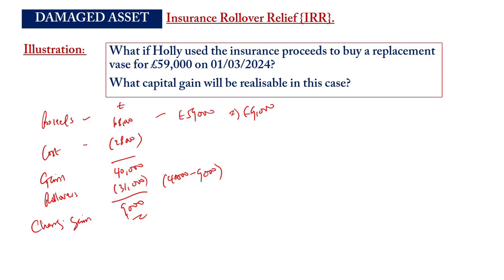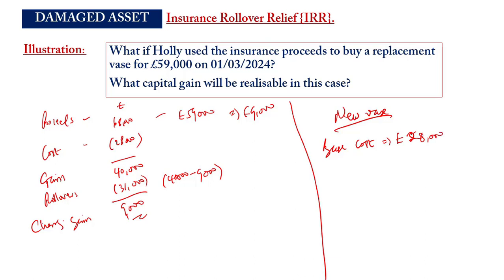So now for the new vase, the base cost will now be 28,000, which is the original cost of the asset, 59,000, less the rollover relief of £31,000.